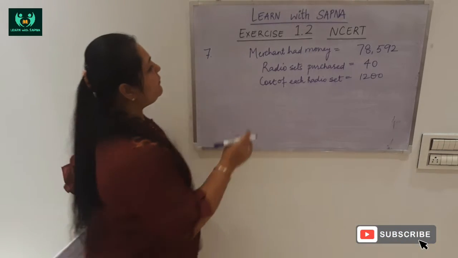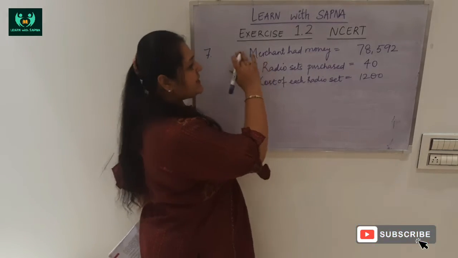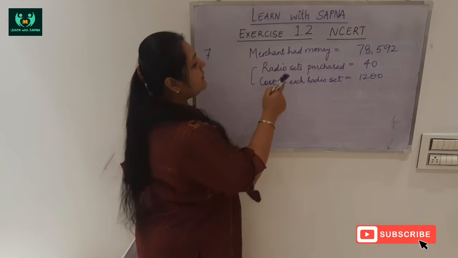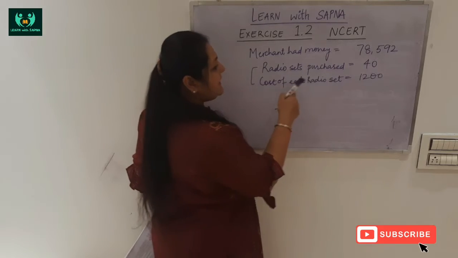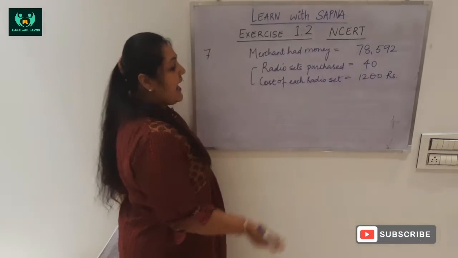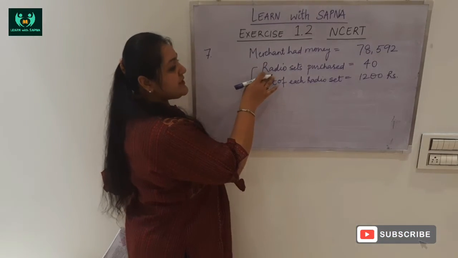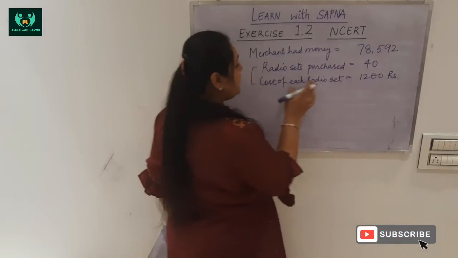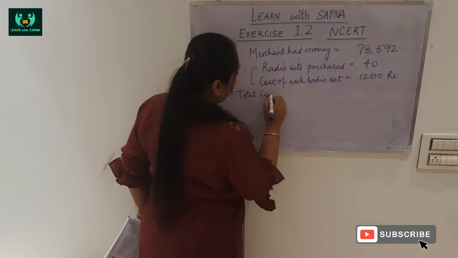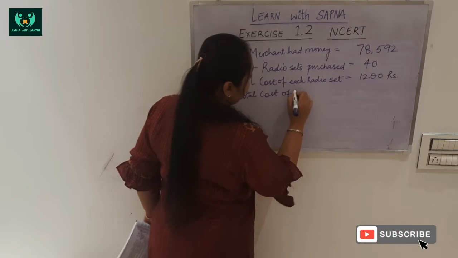So basically if we look at these two equations, let's leave the first line, let's look at these two. The cost of each radio set is rupees 1200, right? And how many radio sets she purchased? 40. So let's first calculate the total cost of radio sets.